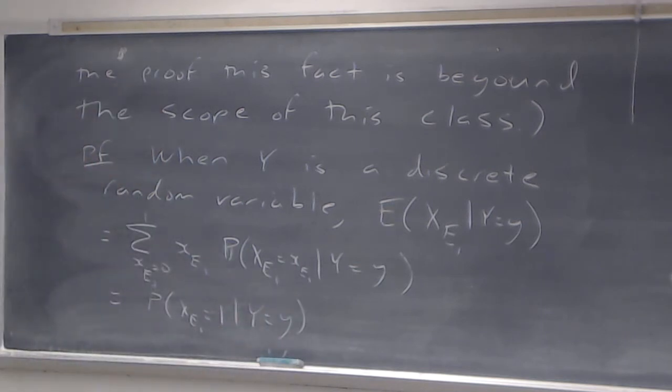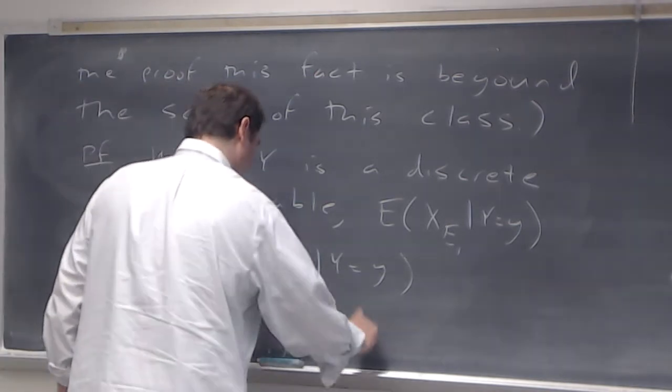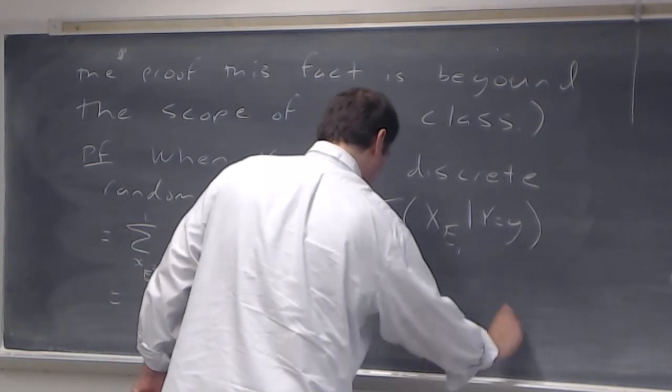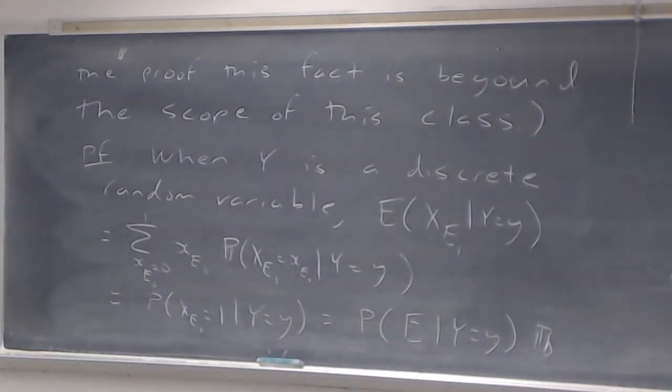X sub E sub 1 being equal to 1 is the same thing as E occurring, so it's the probability of E occurring given Y equals little y, and that's what we were trying to prove. And so that concludes the proof.